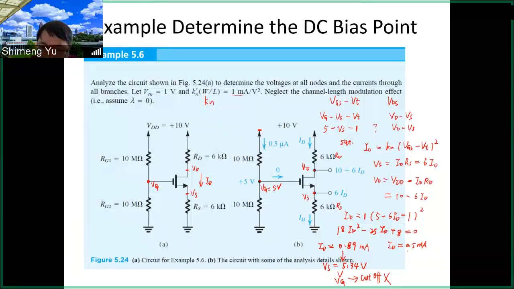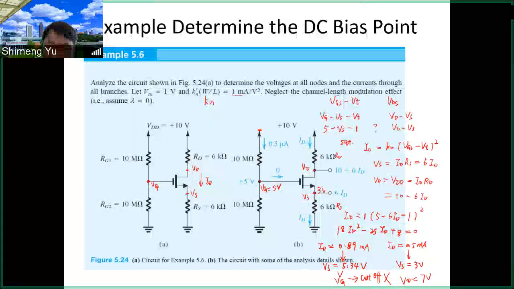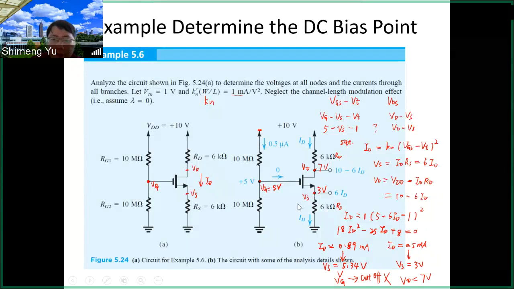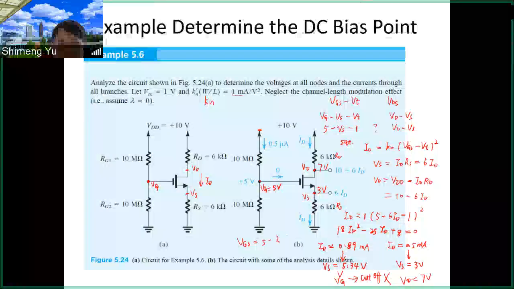And then for the other one, you can verify that Vs will be 3 volts. And then the Vd will be 10 minus 6 times 0.5, basically 10 minus 3, which is 7 volts. So basically you have 3 volts here, 7 volts here and 5 volts at the gate. You can verify that VGS is 5 minus 3, which is 2 volts.